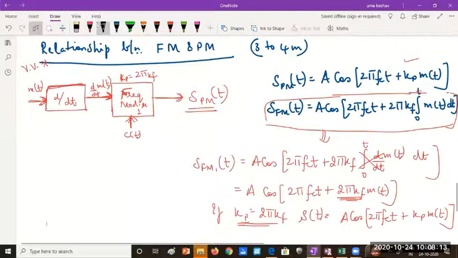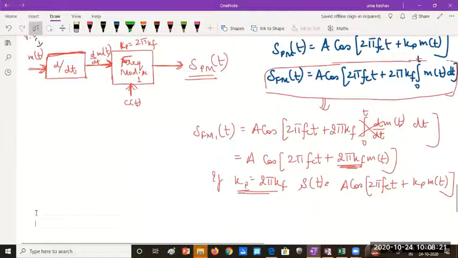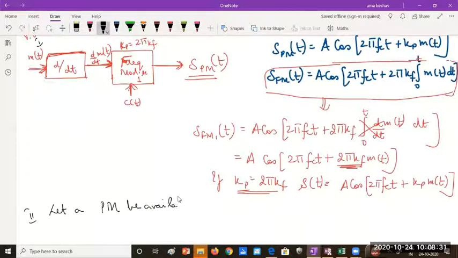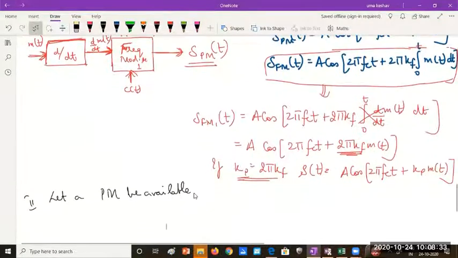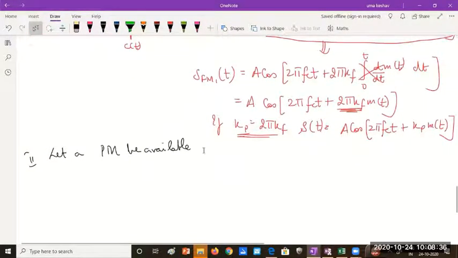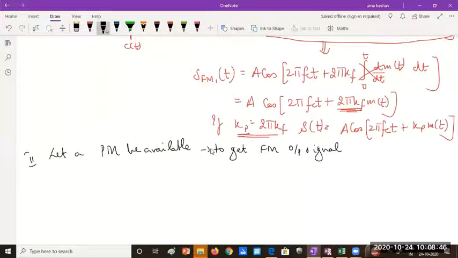Let me move on to the second one. Let a phase modulator be available. If a phase modulator is available and I have to get a frequency modulated signal, to get the FM output signal, what should I do, based on similar lines?